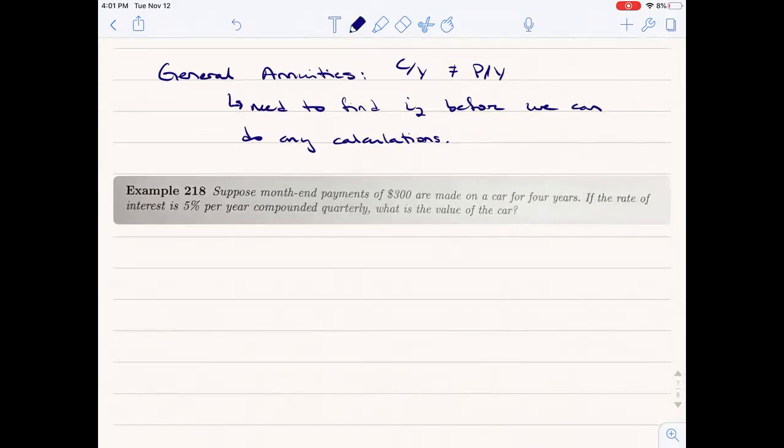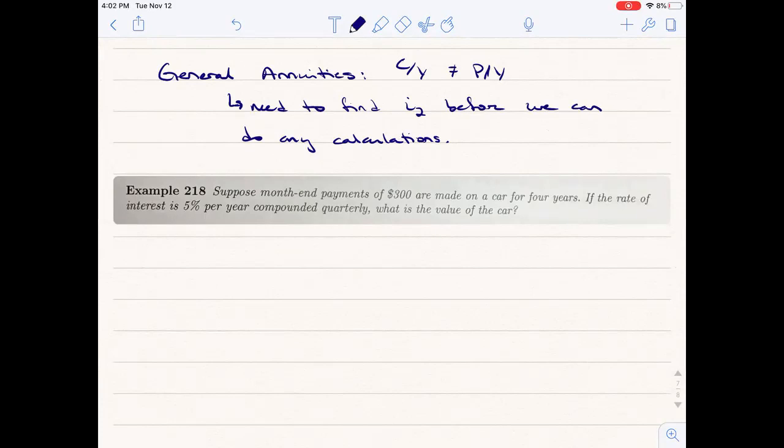Suppose month-end payments of $300 are made on a car for 4 years. If the rate of interest is 5% per year, compounded quarterly, what is the value of the car?